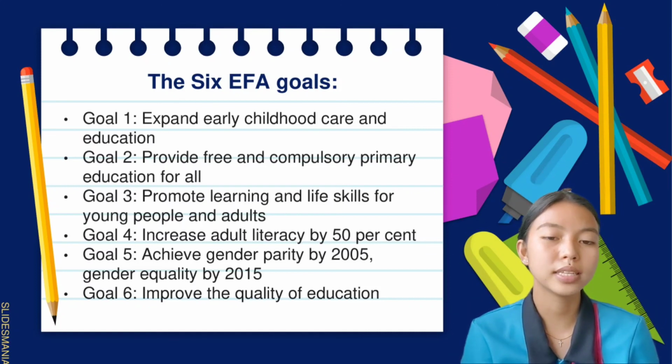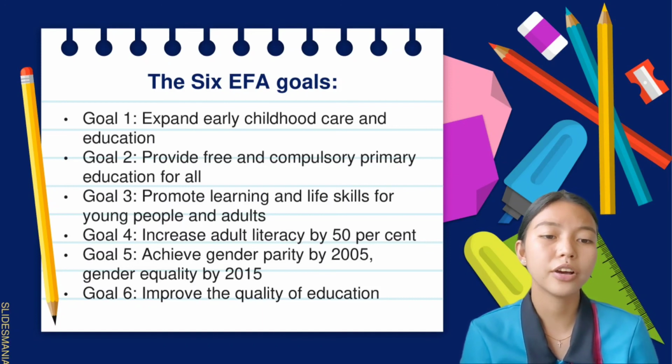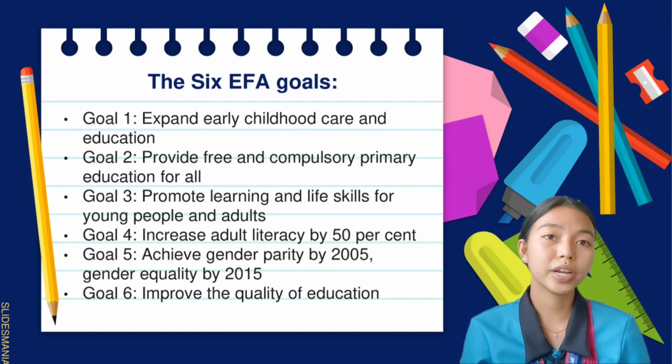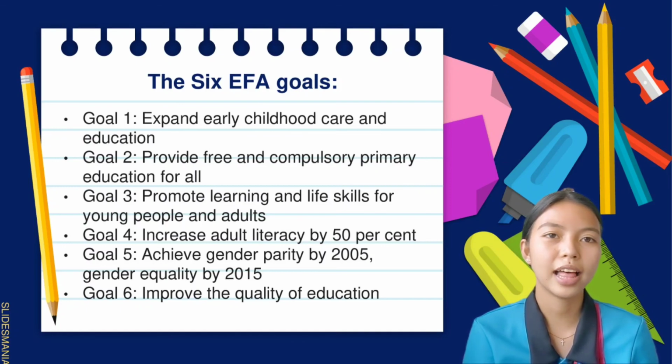Lastly, Goal 6, which is improving all aspects of the quality of education and ensuring excellence of all so that recognized and measurable learning outcomes are achieved by all, especially in literacy, numeracy, and essential life skills.